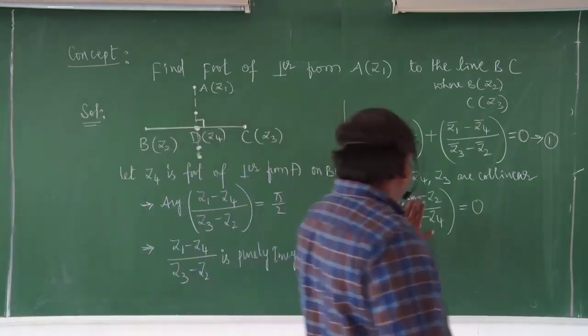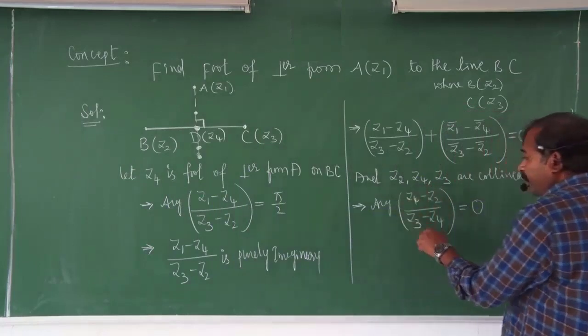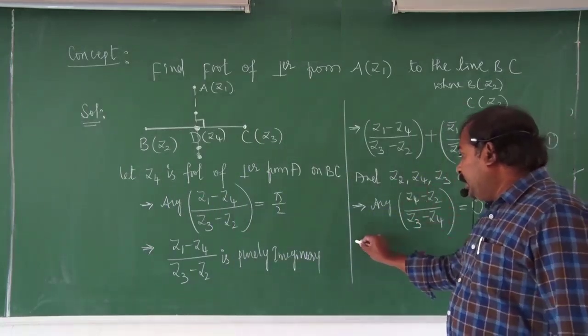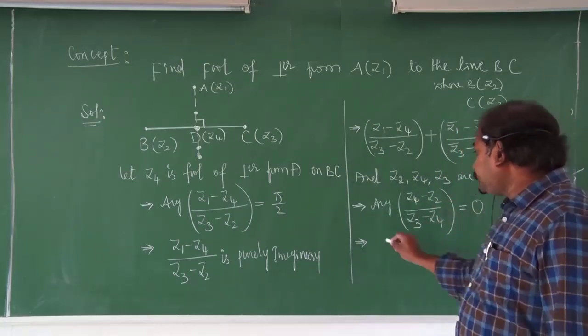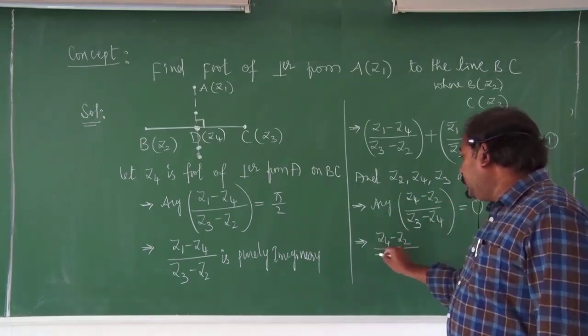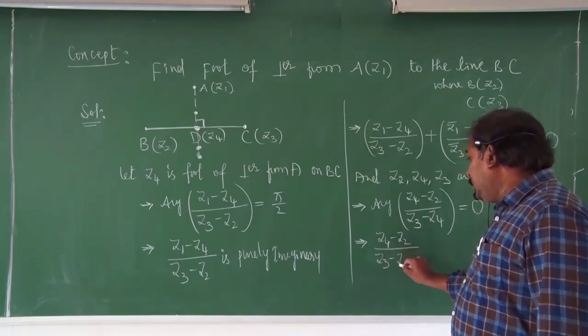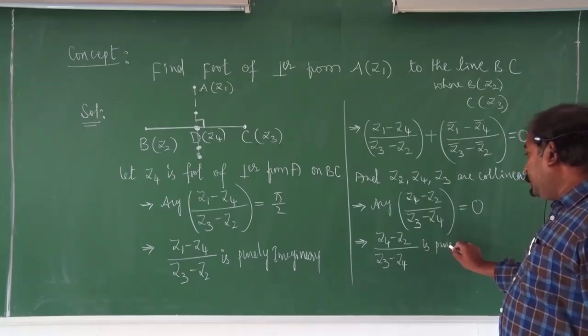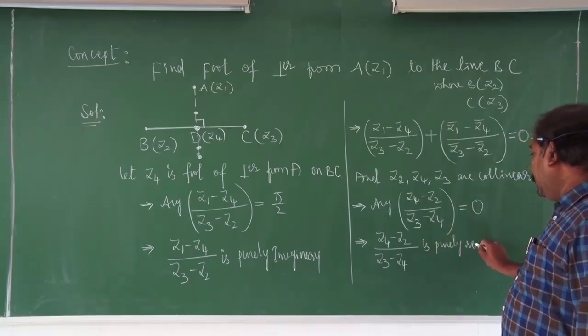Argument value 0 means the complex number lies on the real axis. So we can conclude that (Z4 minus Z2) by (Z3 minus Z4) is purely real.